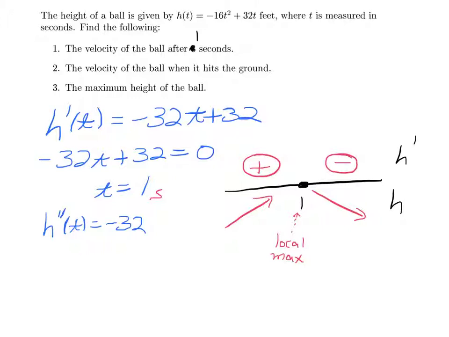If I take the second derivative, I get minus 32, so that means this function, h of t, is always concave down, because the second derivative is always negative. And so that means that at t equals 1 second, we have a local maximum.